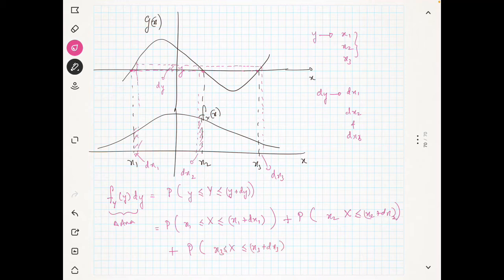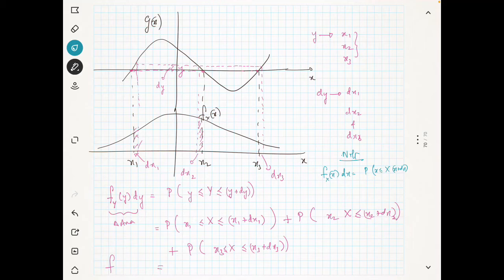So, by using this basic definition, I will write it as a note: fx of x into dx is nothing but the probability that x takes the value between x and x plus dx.